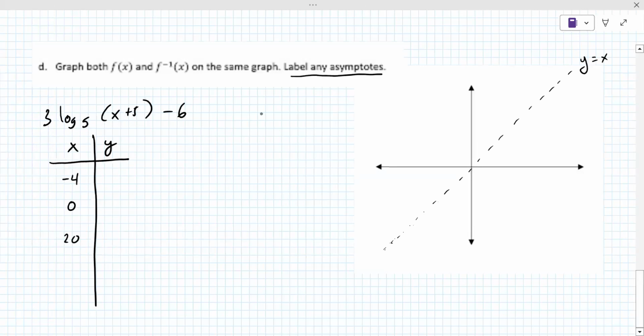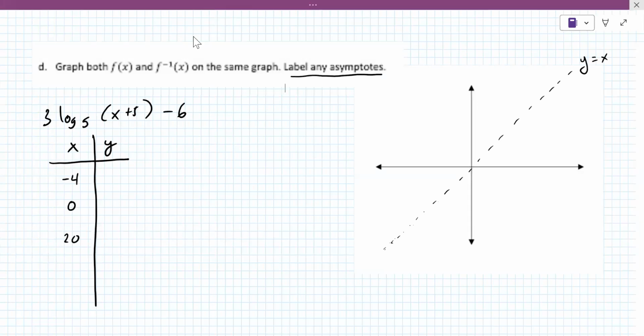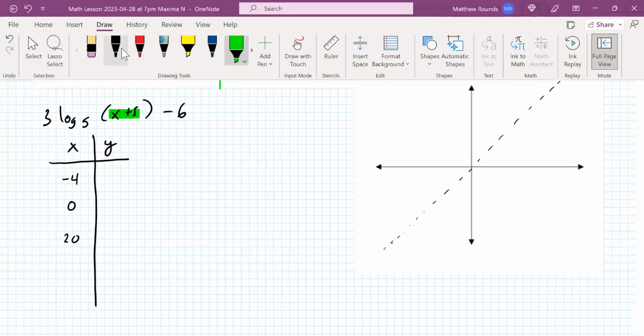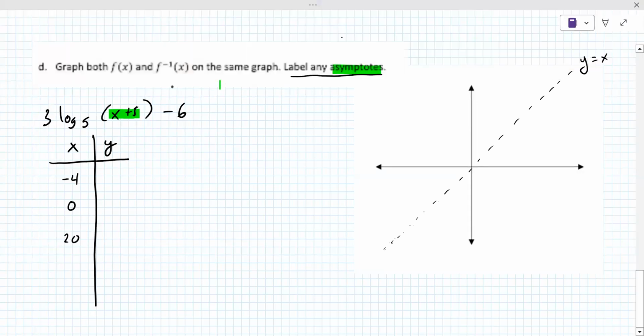The asymptotes occur when the part of the logarithm inside parentheses equals 0. So you're literally setting x plus 5 equal to 0, solving for x gives minus 5. So there's a vertical asymptote there at minus 5.